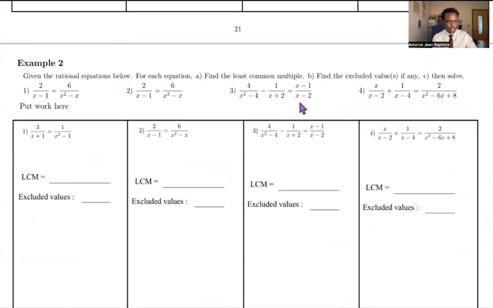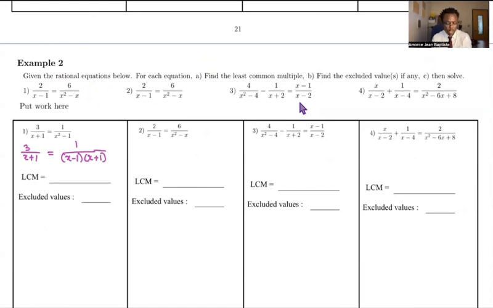So my first equation is 3 over x plus 1 equals 1 over x squared minus 1. So we're going to try to write this in factored form. The first one is okay. 3 over x plus 1 equals, the factored form is 1 over x minus 1, x plus 1.